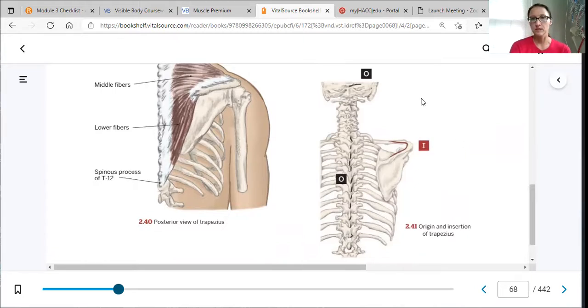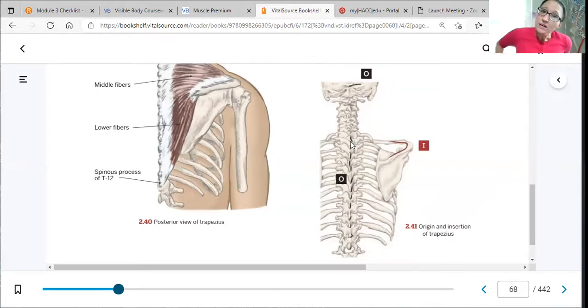There are multiple origins of trapezius. The origins really start all the way up at the base of the skull. They come down the neck and into the thoracic spine, right along the midline of the body. Now, these are called spinous processes. We haven't really talked about the spine yet, but we'll get there. Spinous processes are those things that you can feel in your back when you bend forward.